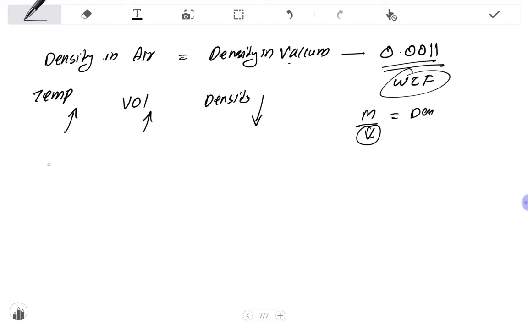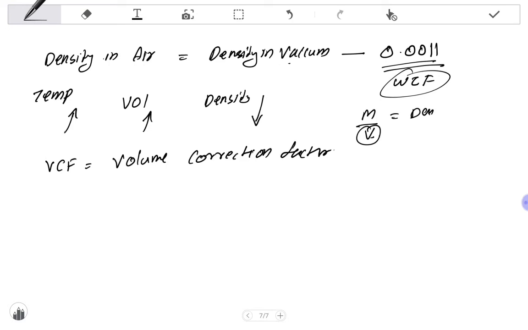And okay, there is something called VCF. That is called volume correction factor. Okay, then why is this VCF used?